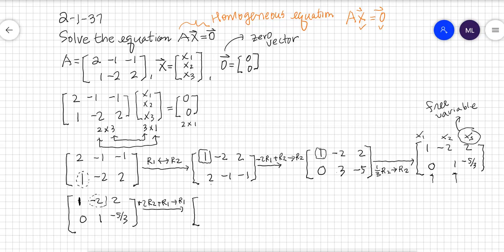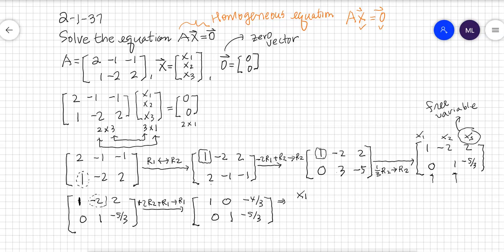So 1, 0, and now I multiply by +2, so it's going to be -10/3. This is 6/3. So when I add, that would be -4/3 and -5/3.